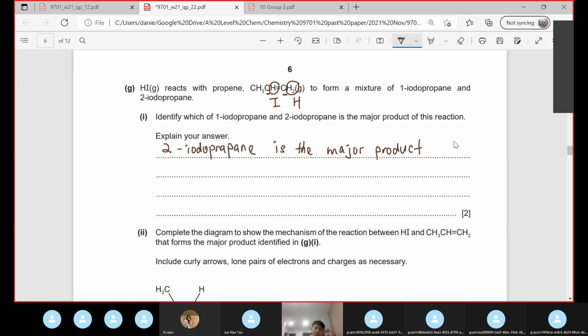So why is 2-iodopropane, sorry, here it should be 2-iodopropane, the major product? It is formed from a more stable secondary carbocation.